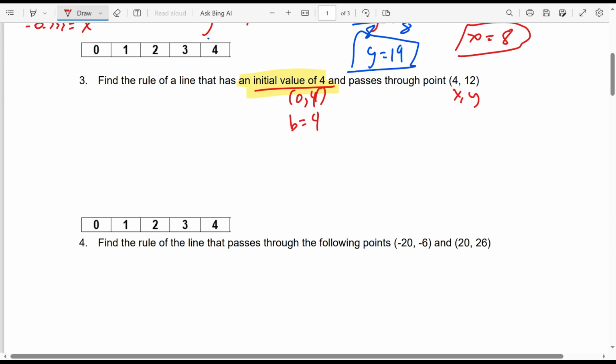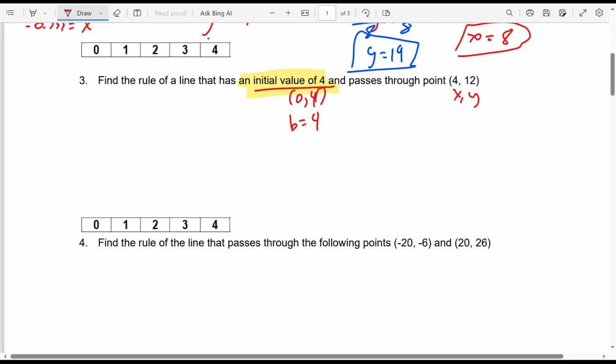First, that it's a point: x is 0, y is 4. That's what initial value of 4 means. Initial value also tells me that the b of my rule is 4.